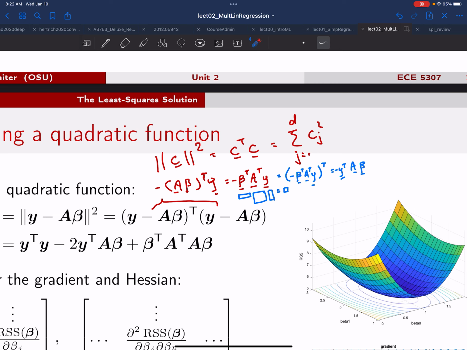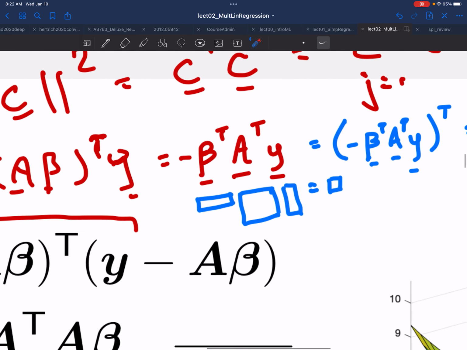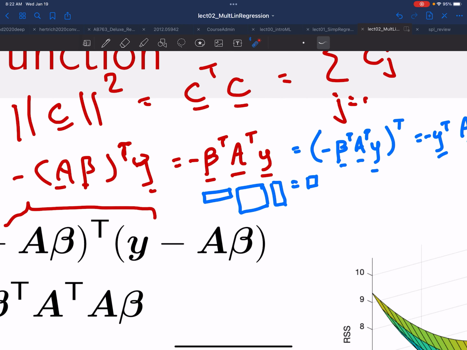Yes? I didn't understand why the final dimension is scalar for beta transpose A transpose Y. Yeah, so this is a vector, this is a matrix, and then this is a vector. Let's think about this first multiplication, vector times matrix.